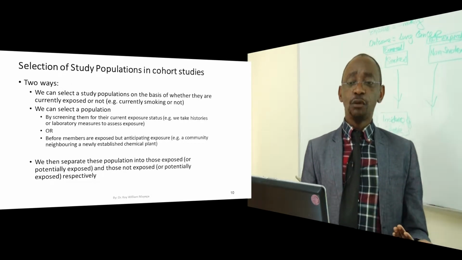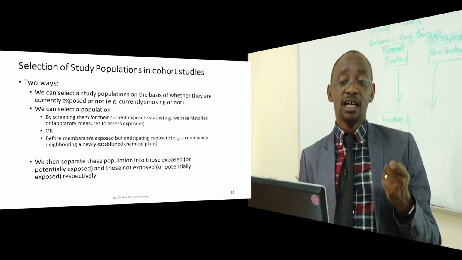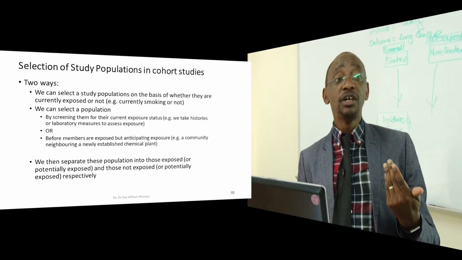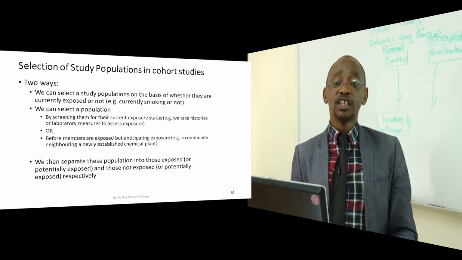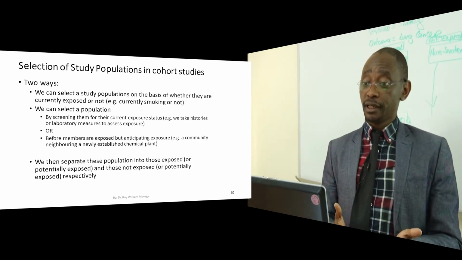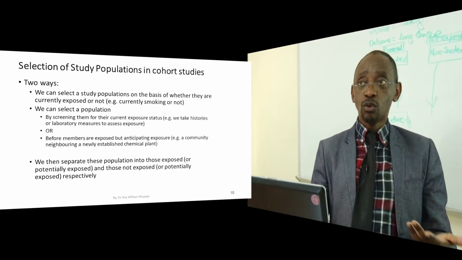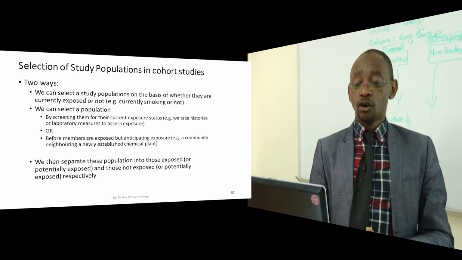Or we can select a population by screening for their current exposure status. For instance, the exposure status might not be obvious, so we need to screen for it to determine if someone is exposed. We might need to take histories. We take a history and we ask them, what are you doing? What are you experiencing, in order to determine the exposure.